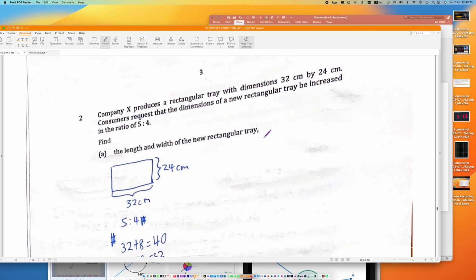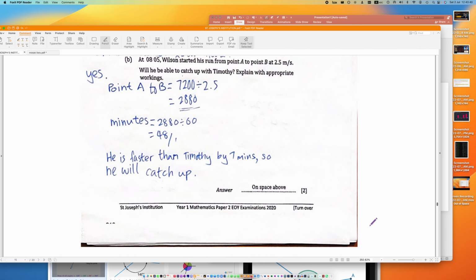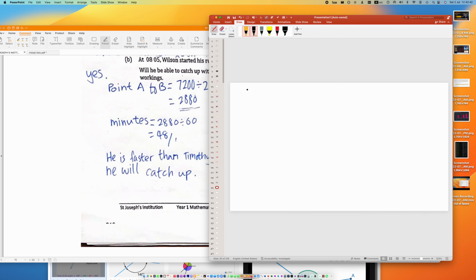Can you erase this? You see? Ay, nonsense. You erase it first. Slowly.